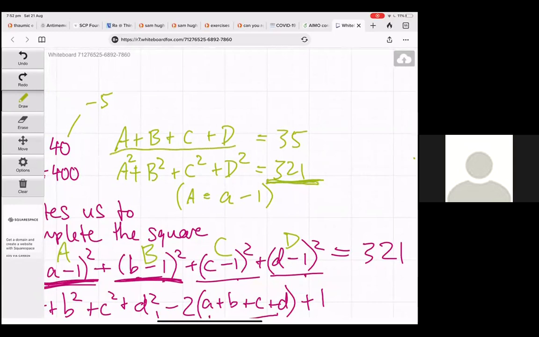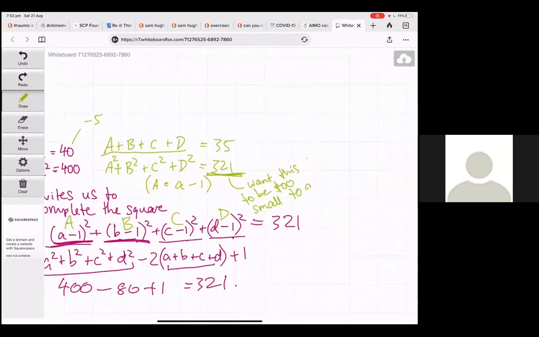And that's how we got a contradiction for 19. So we're going to exploit a similar idea, and we want this to be too small in order to get a contradiction.